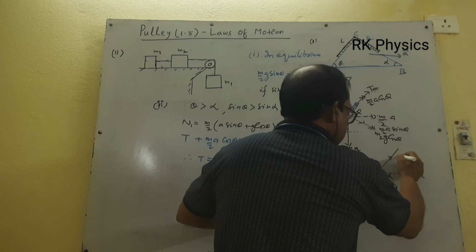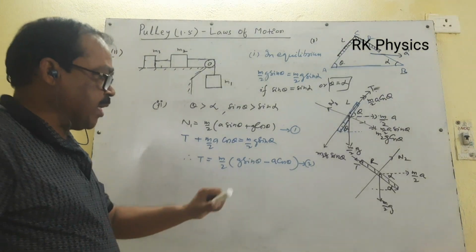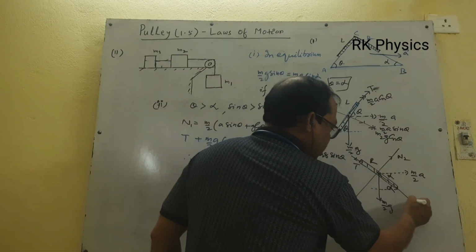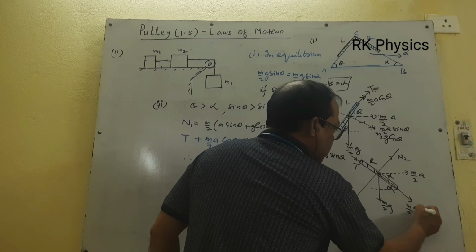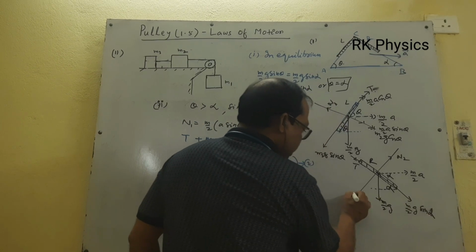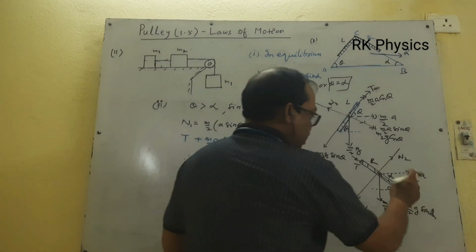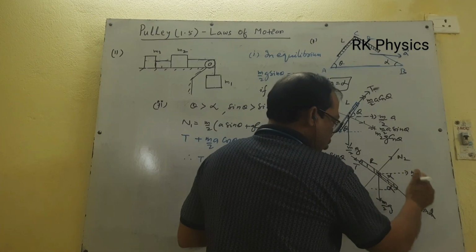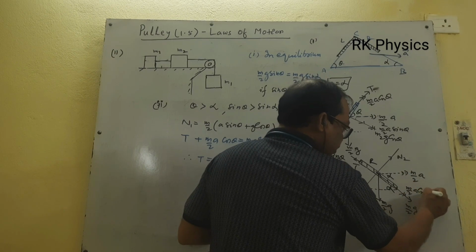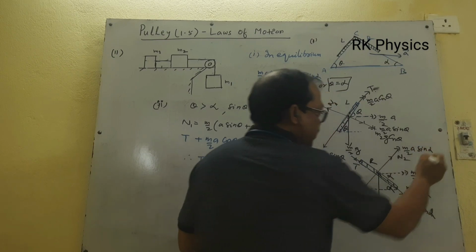Now this is the normal reaction N2 and this is T. The weight may be resolved into components: along this direction m by 2 g sin alpha, and along this direction m by 2 g cos alpha. Now you resolve m by 2 a into components: m by 2 a cos alpha, and along this direction m by 2 a sin alpha.